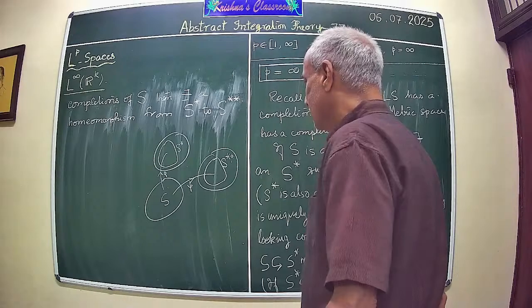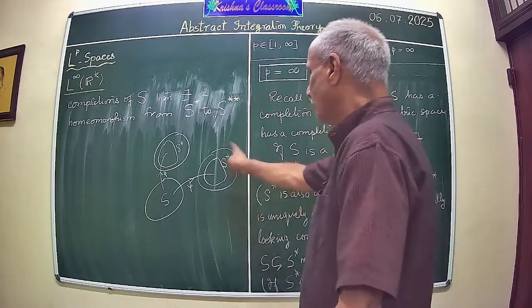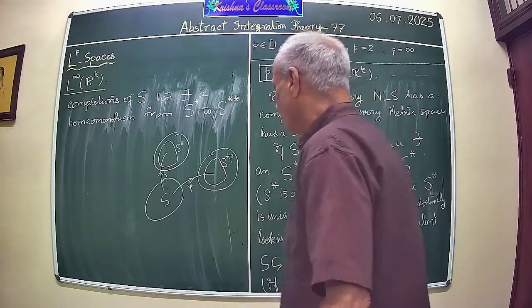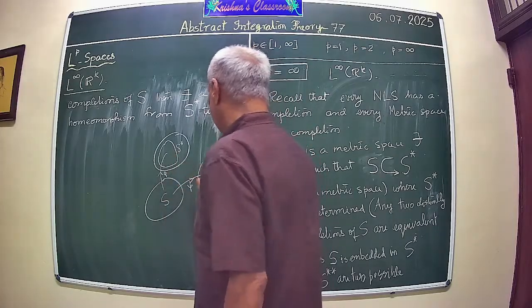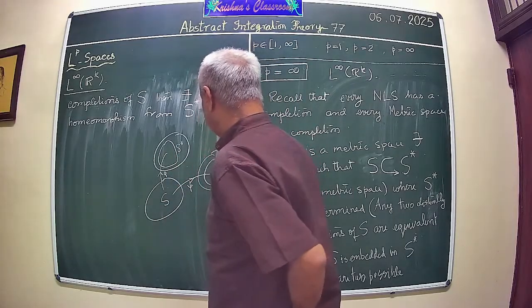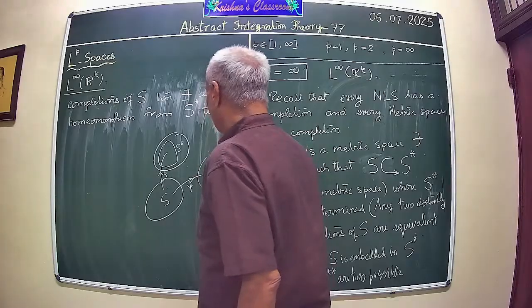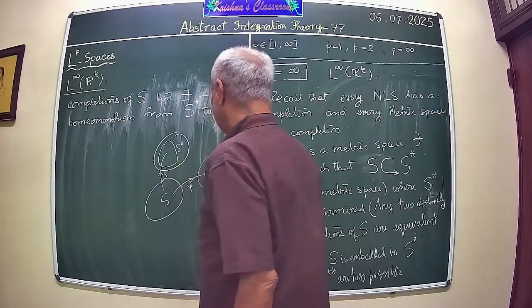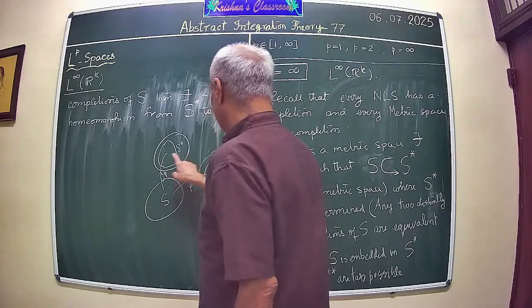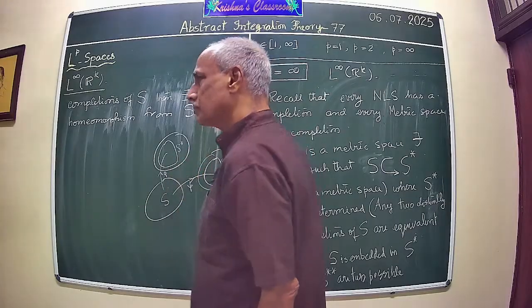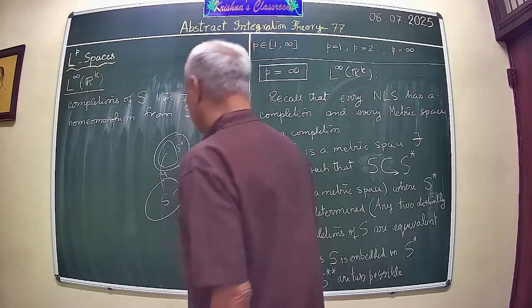Okay. And this may not be the whole thing. And therefore, you have a homeomorphism from here to here. So using that you can find out what exactly is the image of S star. Okay, and get psi. Right?